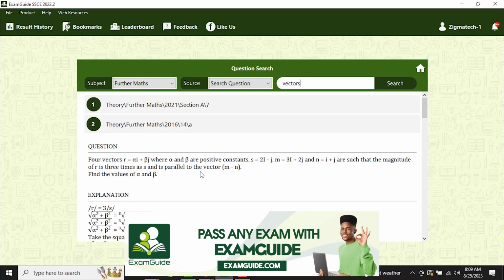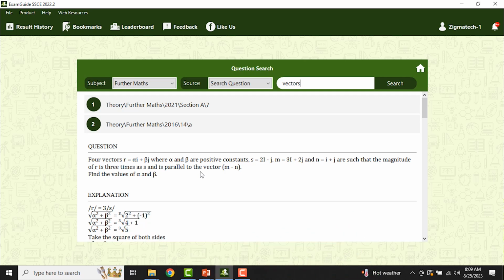Okay, look at the first question. Four vectors: R equals alpha i plus beta j, where alpha and beta are positive constants, then S is 2i plus j, M equals 3i plus 2j, and N equals i plus j.